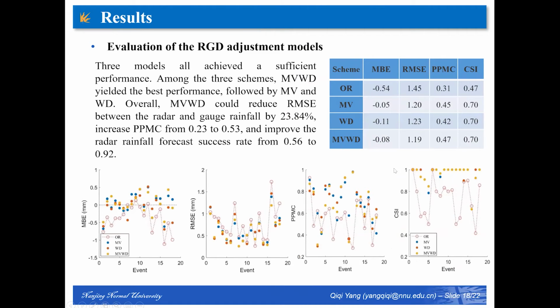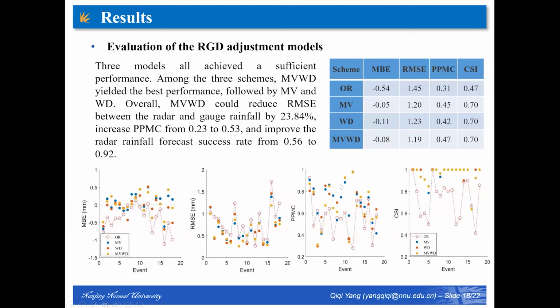Then we evaluated the performance of each RGD adjustment model. From the results, all 3 models achieved a great performance. Among those schemes, the combined model showed the best performance, followed by the mass variation model, and then the wind drift model.